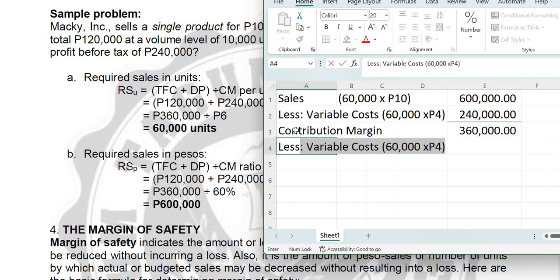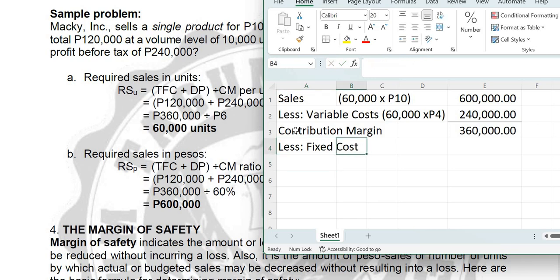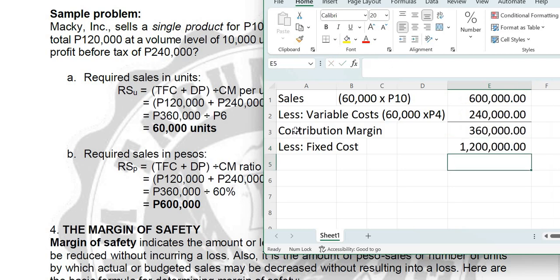So, if you are to deduct your fixed cost, so the fixed cost actually is reported at 120,000. Okay? So, you have 120,000. So, kung i-check natin, ito yung profit natin.